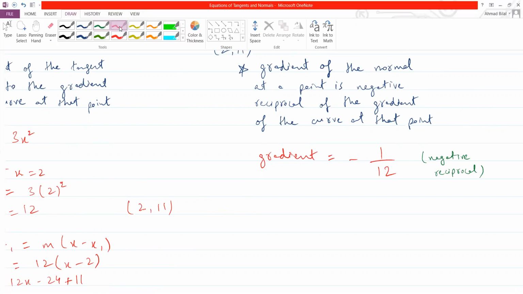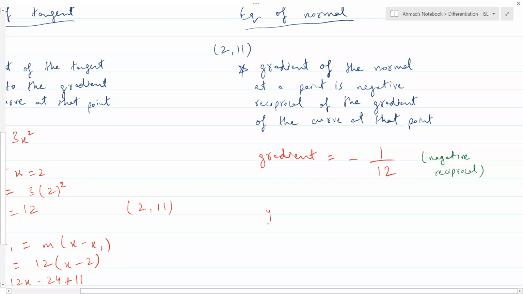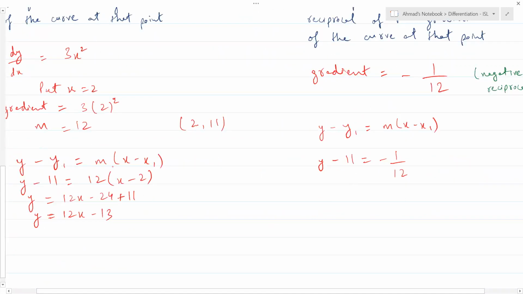Again you've got a point that is 2, 11. You again use that form, y minus y1 equals m into x minus x1. Point y1 क्या है? That is 11. Gradient now is -1/12. This is the only difference, right? दोनों equations के अंदर सिर्फ gradient आपका different है, and you get x minus 2. You simplify this if you want. You can just leave it like this as well, and that's perfectly okay.